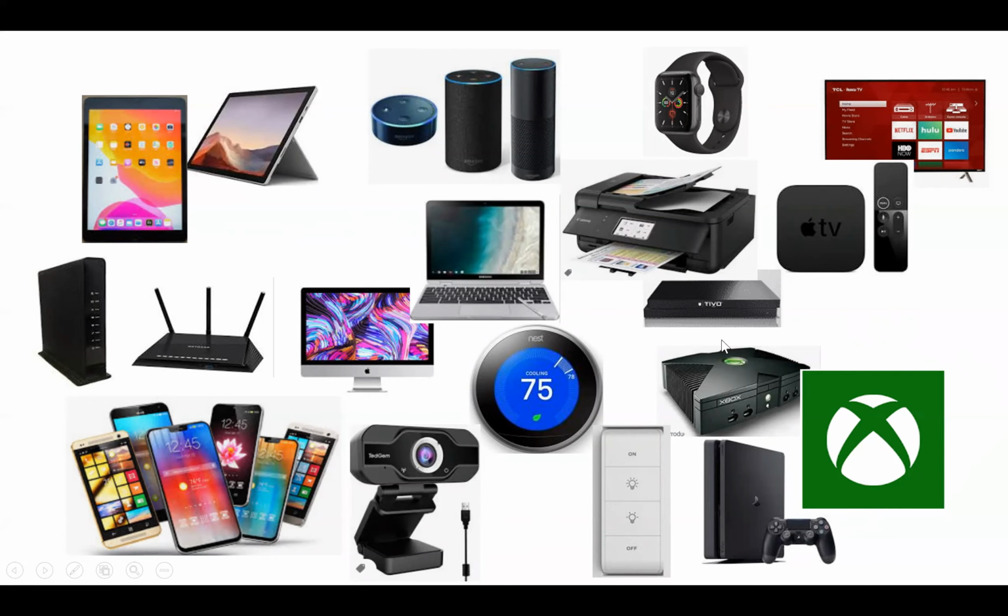There's so many devices on the network now. And so now there's so much connectivity and we're using it for everything. It's pretty amazing what the network has enabled to be created.